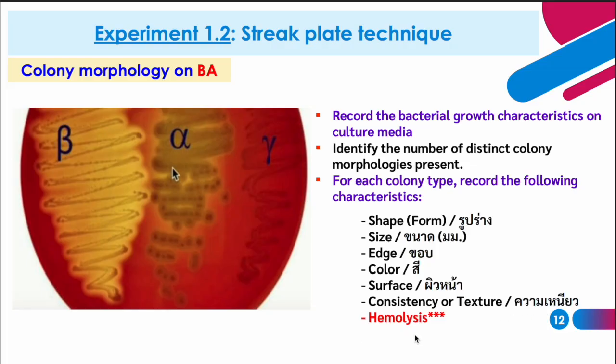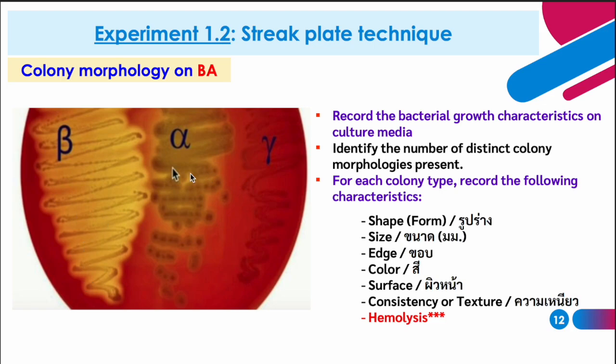For the hemolysis, you have 3 types, which are beta, alpha, and gamma. For the beta one, if that bacteria can lyse the red blood cells, you can see the transparent color like this.